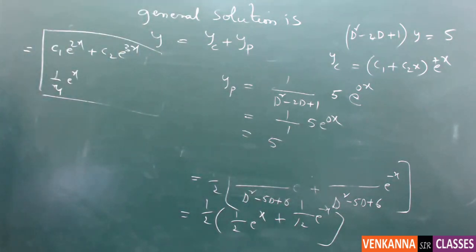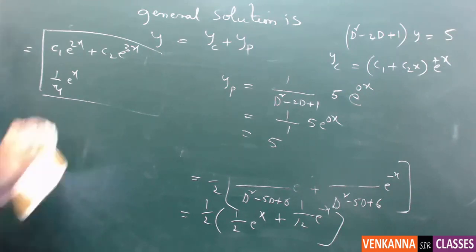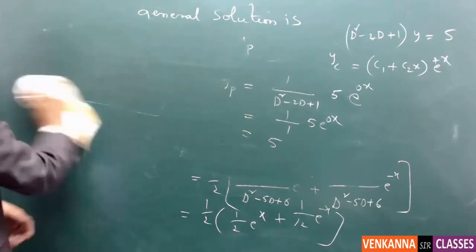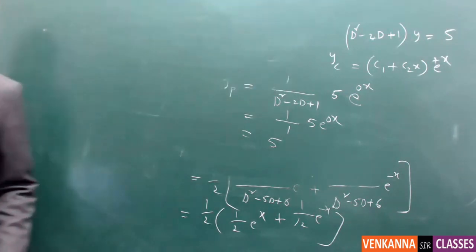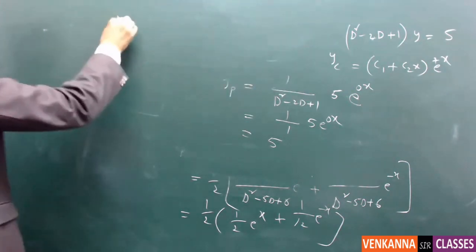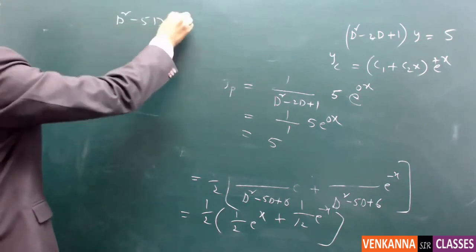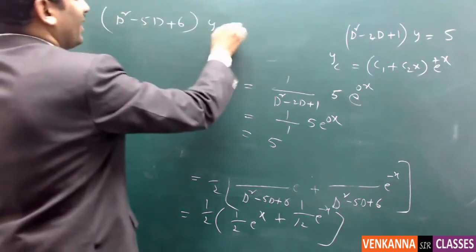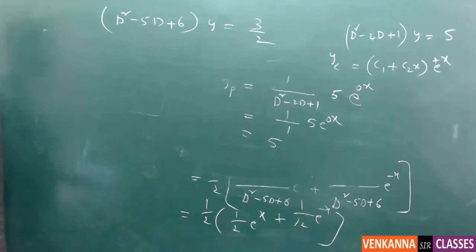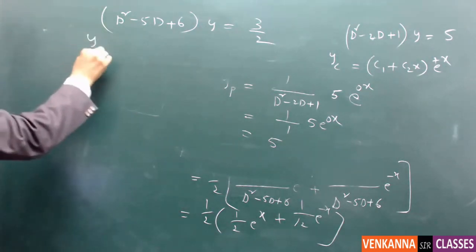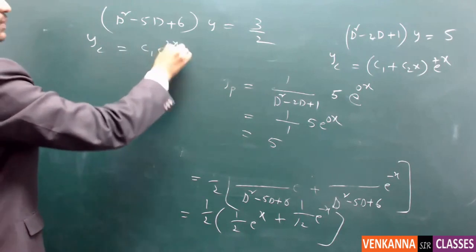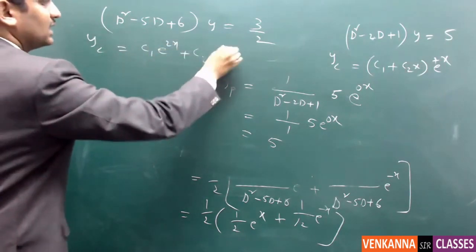If you want another example, by default here the constant comes. We have taken d square minus 5d plus 6 into y is equal to 3 by 2. So what happens? yc is nothing but c1 e power 2x plus c2 e power 3x.